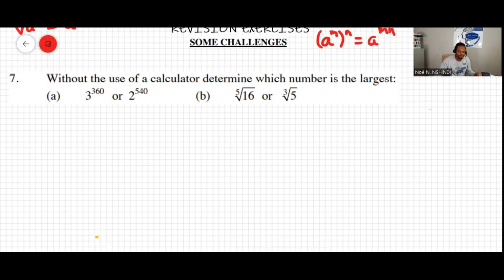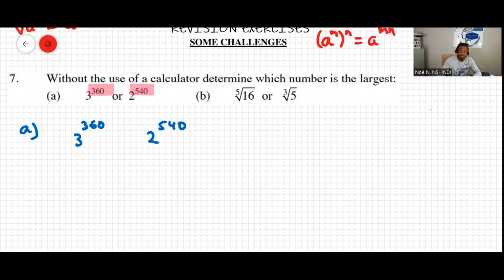Let's start with A. 3 to the 360, what can we do here? I would like you to consider the exponents, and the fact that the bases are not common, we need to compare the two. I'm going to write it this way: 3 to the 360, 2 to the 540.